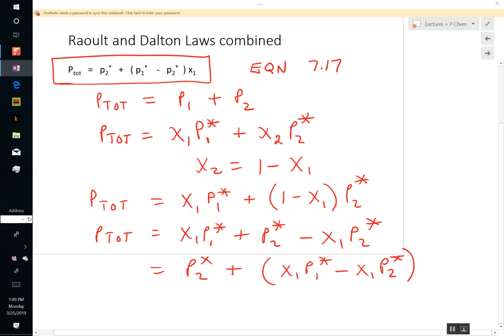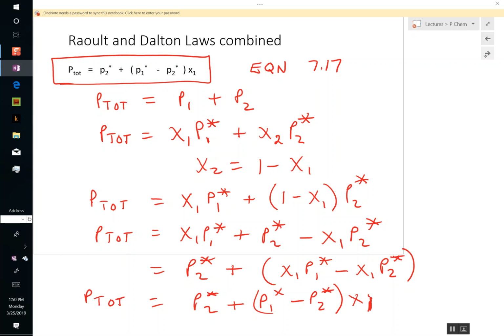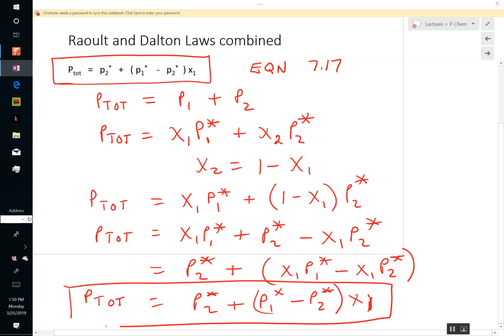All of these have asterisks on them, by the way. Sorry. And so this is P2 plus P1 minus P2 times the mole fraction x1. All right, so we're running out of time. So there is the final derivation of that. That's the equation that we had at the top, equation 7.17.